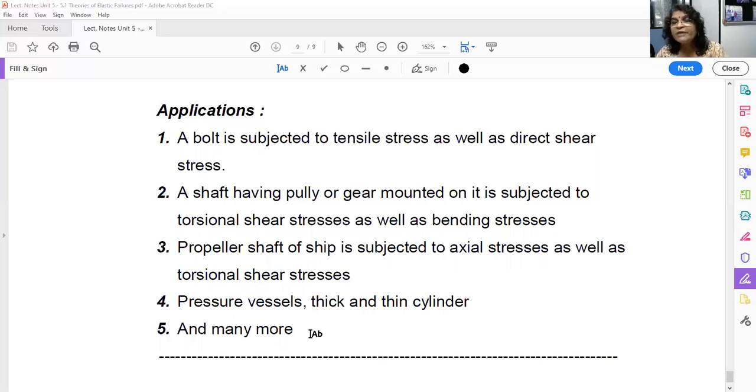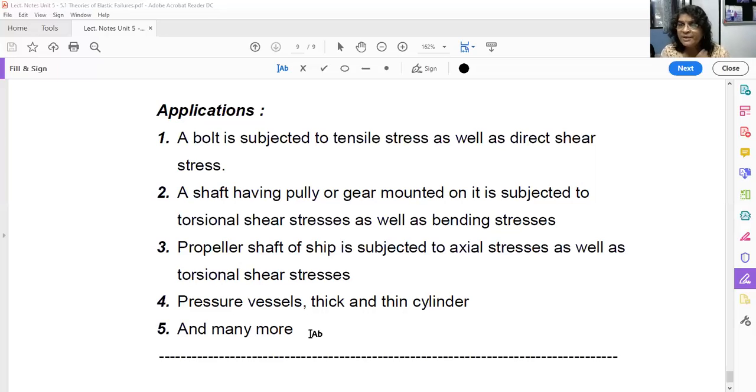So remember, where it is necessary to use the theories of elastic failure, all the components which are failing or which are subjected to a complex stress system. That means the stresses induced in the system will be of different natures. Remember, there are only two types of stresses, normal and shear.